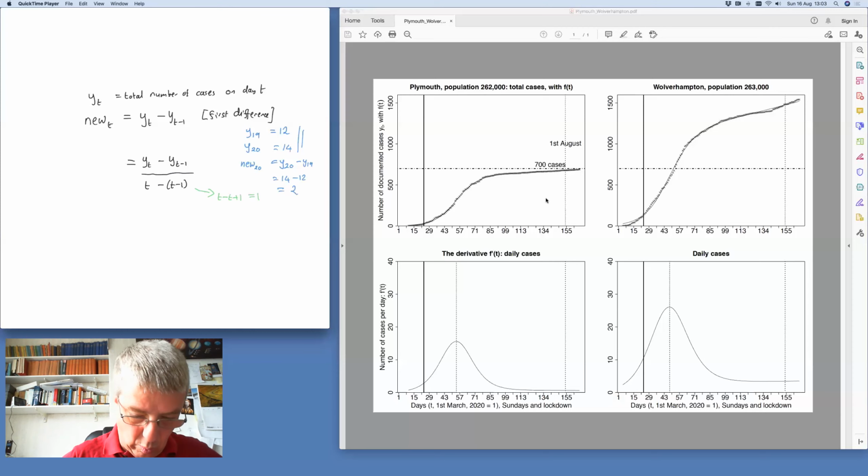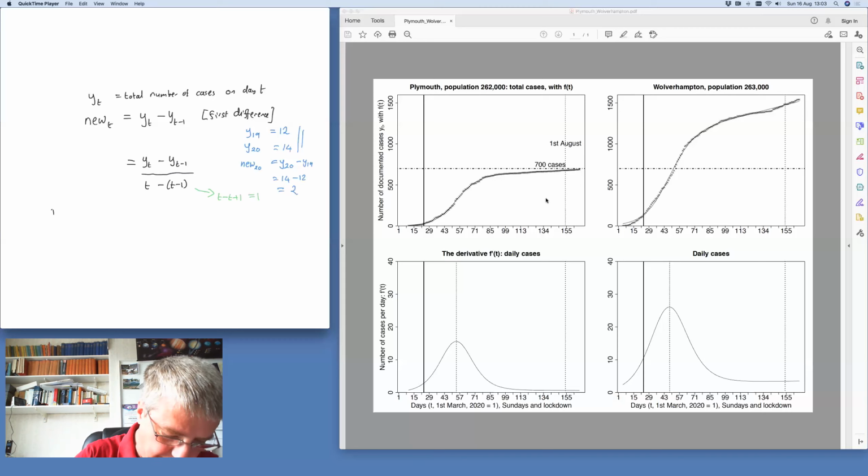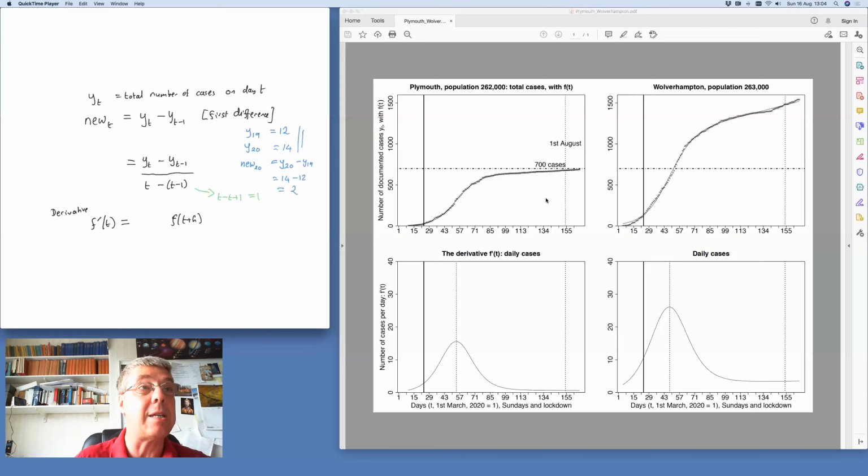So this reminds us of the definition of a derivative. Now, how is the derivative of a function f at time t defined? Well, it's defined as a limit, and it's the limit of a ratio. And the ratio is, well, we look at the value of the function at time t plus h, so a bit later on, and we subtract the value of the function at time t, and we divide through by the gap.